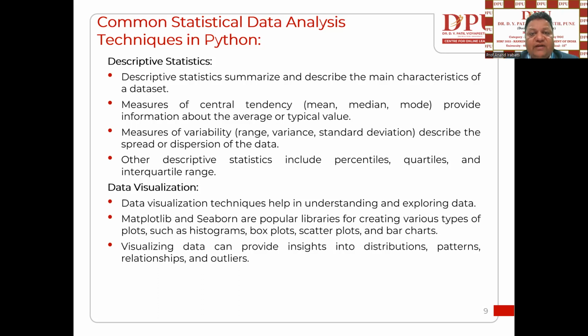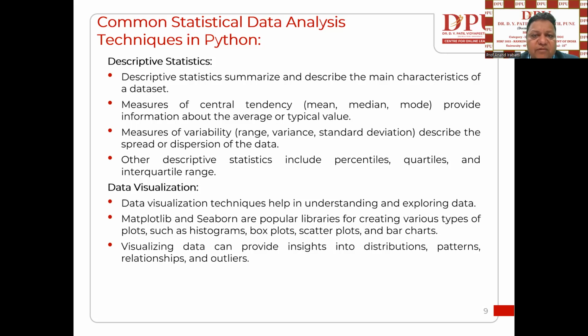So the measure of variability can be found with the help of range, variance, and standard deviation. Variance and standard deviation are related, but standard deviation gives you more precise information about the spread or dispersion of the data. In the same way, range also gives you the spread, which is the difference between the maximum value and the minimum value.